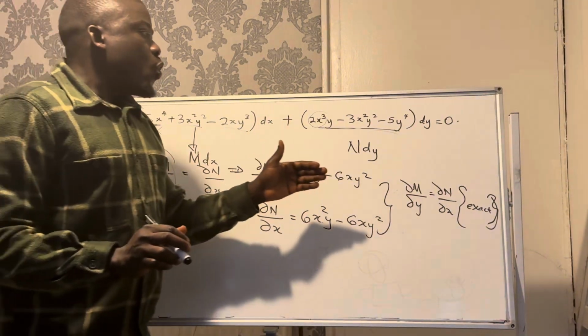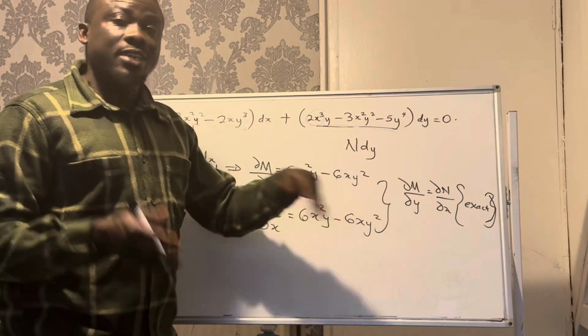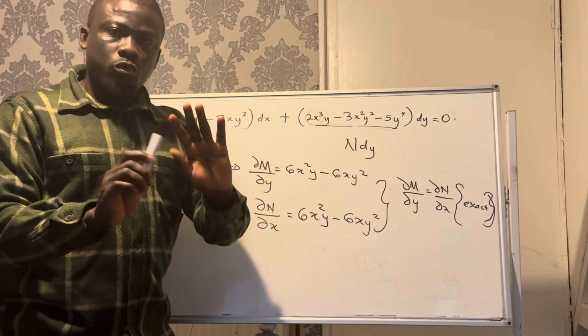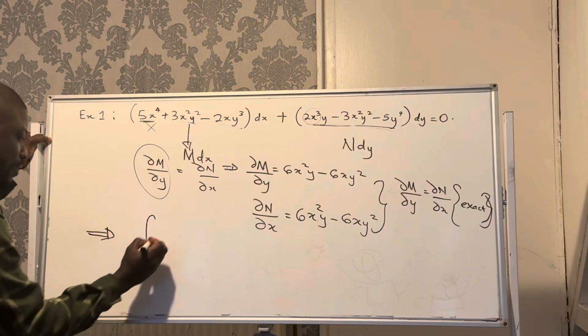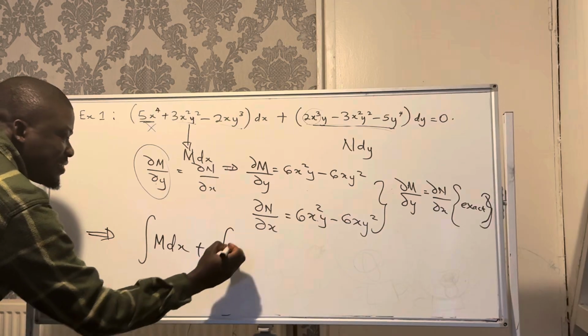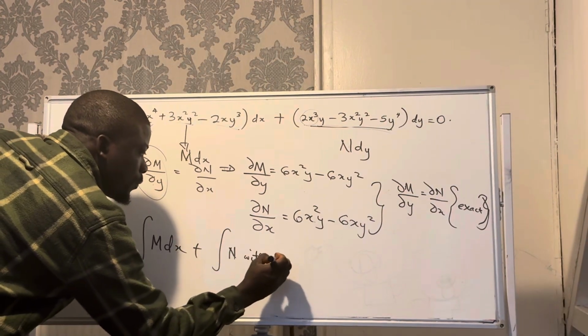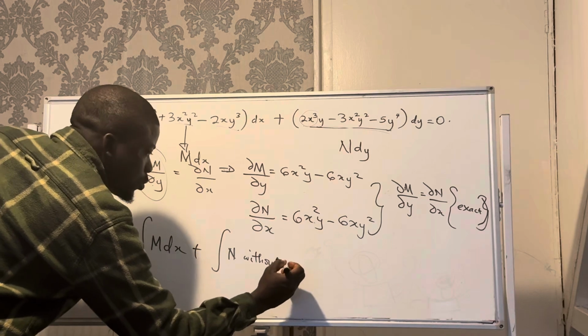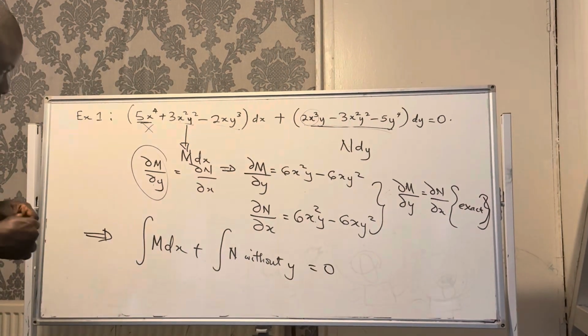Now, since we can ascertain that this differential equation is exact, the next thing to get our solution is to integrate the value of M with respect to x, plus integrate N without x, must be equal to 0. Let me explain this.